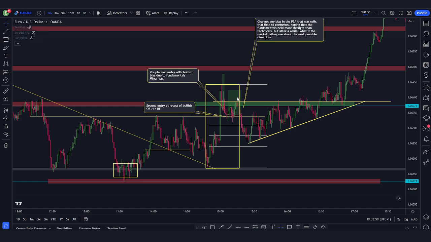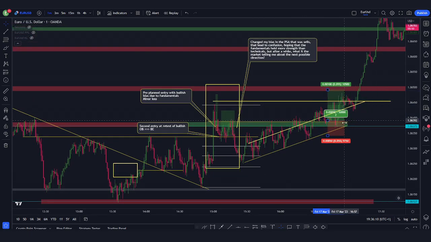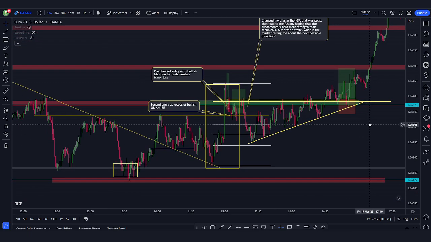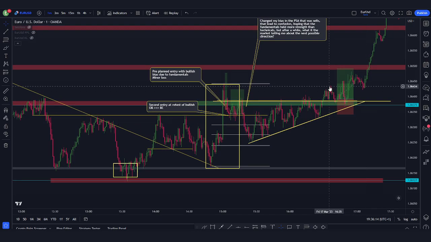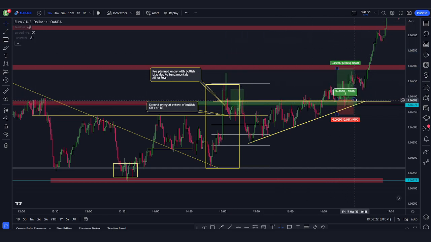It's only after we finally broke above and stayed above these previous highs, the green line, the green PSA, that we can actually consider taking some buys.